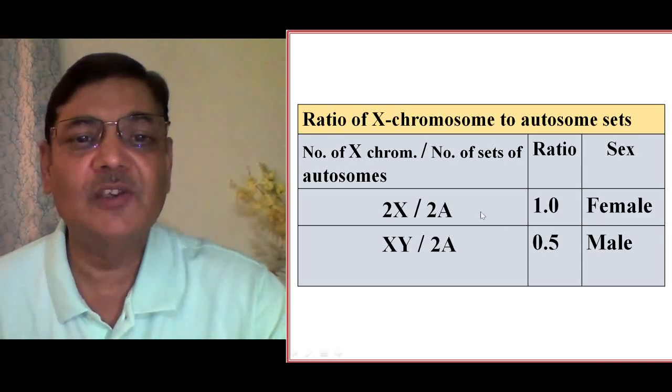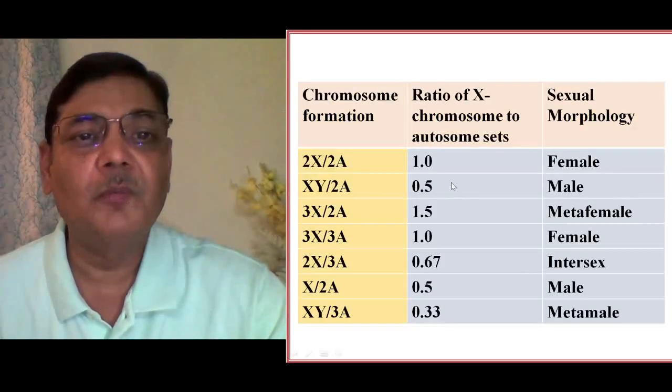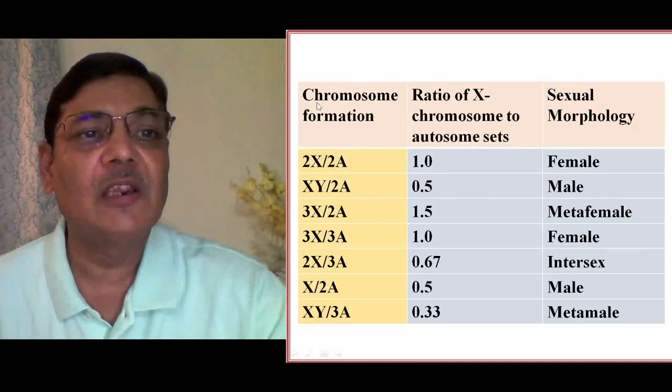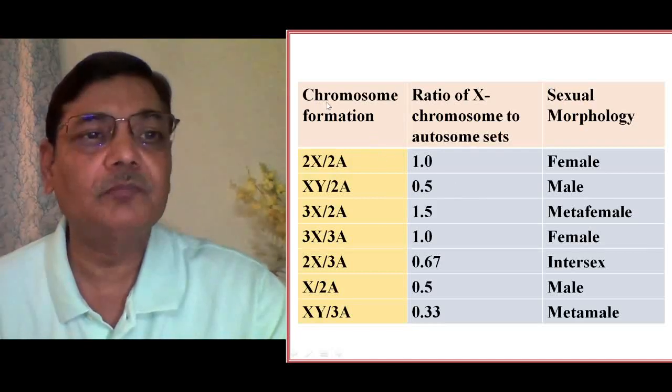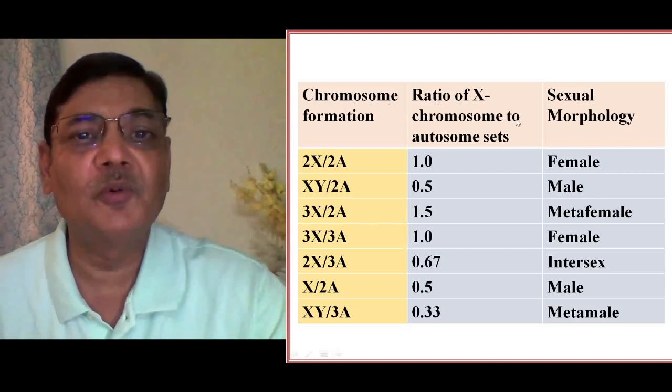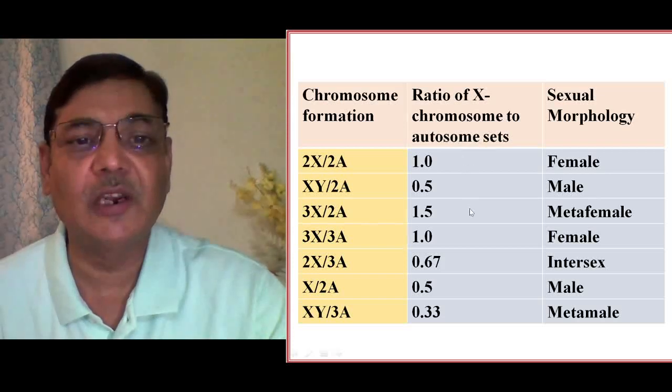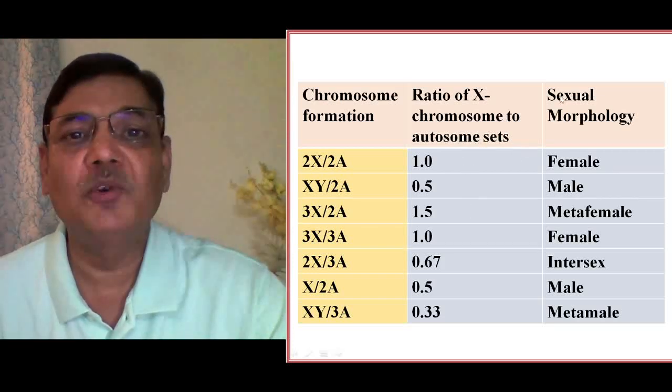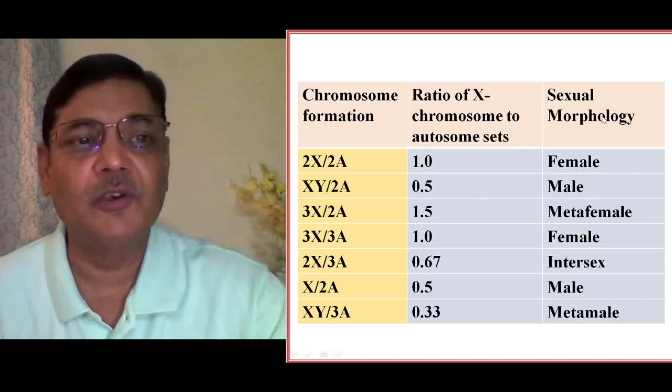We can see this aspect in more cases. You see here in the left column, chromosome formation is shown, then the ratio of X chromosome to autosomes is shown in the second column, and in the third column you can see the sexual morphology.